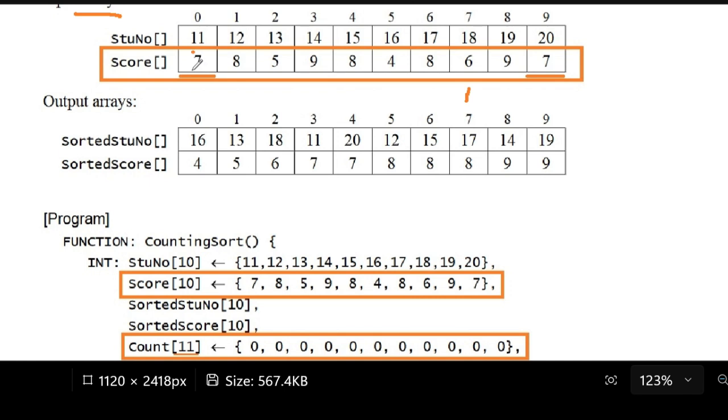Remember, we're starting first with score container 0, and we find that the value is 7. From 7, we go to the container count, and then we need to go to the 7th container of count, and that's why from here we add a 1 to signify that it occurred.